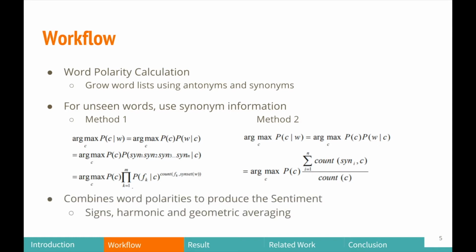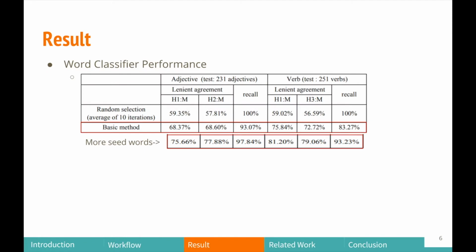Finally, polarities are combined in three ways, namely the signs, harmonic, and geometric averaging. The signs averaging is similar to the harmonic averaging, but uses binary indicators instead of real values to represent the word's polarity.